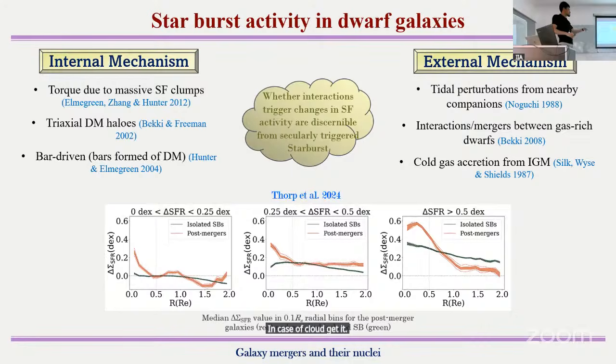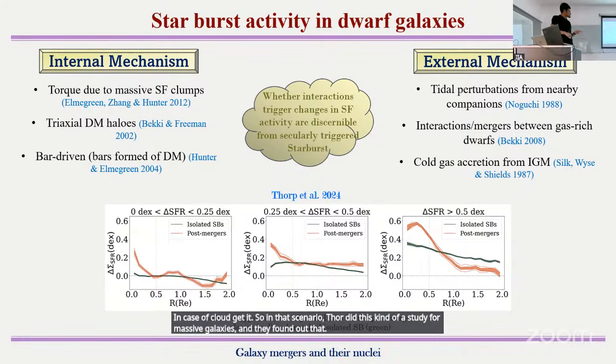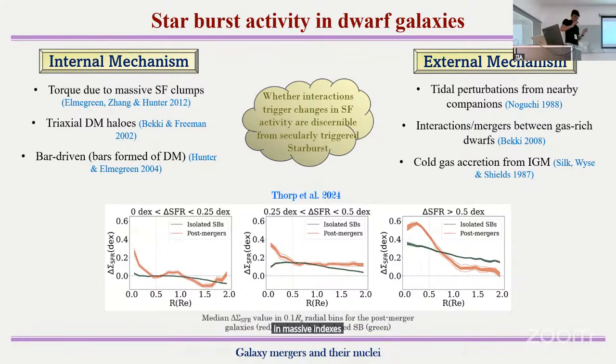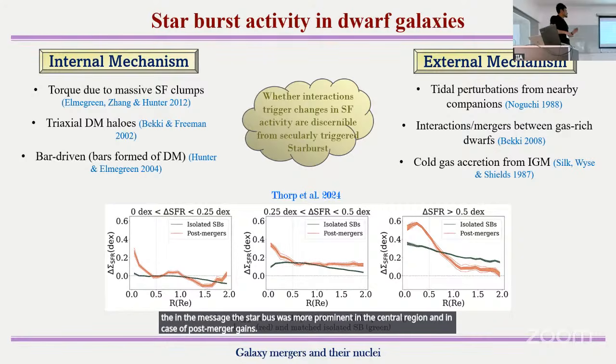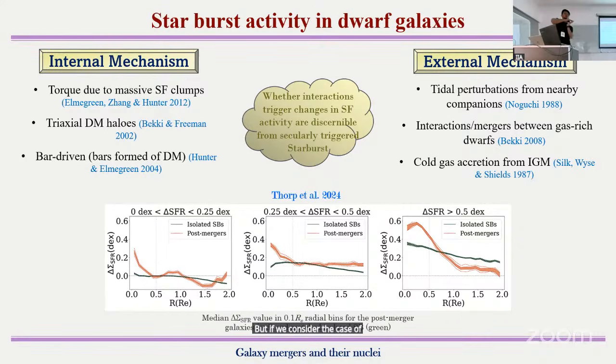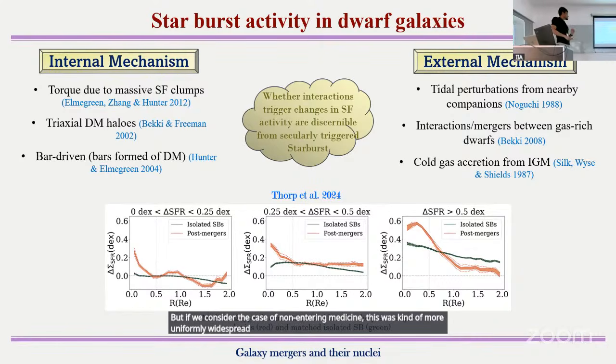In that scenario, Thorp et al. did this kind of study for massive galaxies, and they found that in massive starburst galaxies, the starburst was more prominent in the central region in the case of post-merger galaxies. But in the case of non-interacting galaxies, it was more uniformly widespread across the galaxy. So this was one of the differences that they observed.